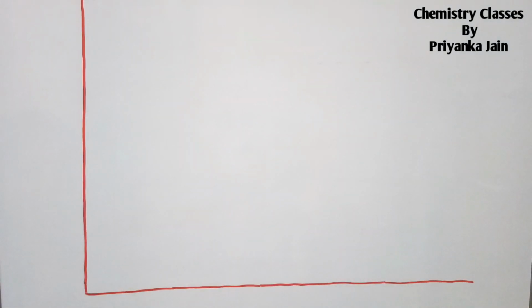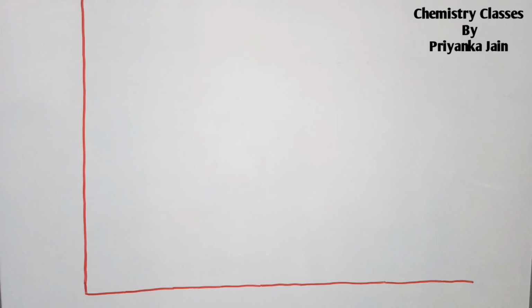Alright, now we have to see the wave function plot and the probability density plots. Why? Because I have already told you in the video on the 1D box that the potential energy outside the box is infinity. So the probability of finding a particle outside the box is 0. It means the value of the wave function outside the box will be equal to 0.